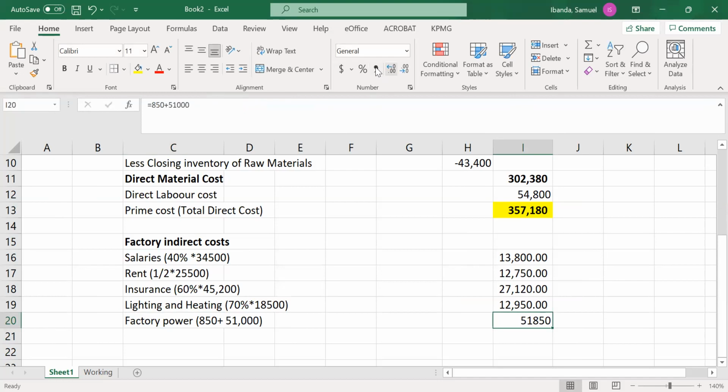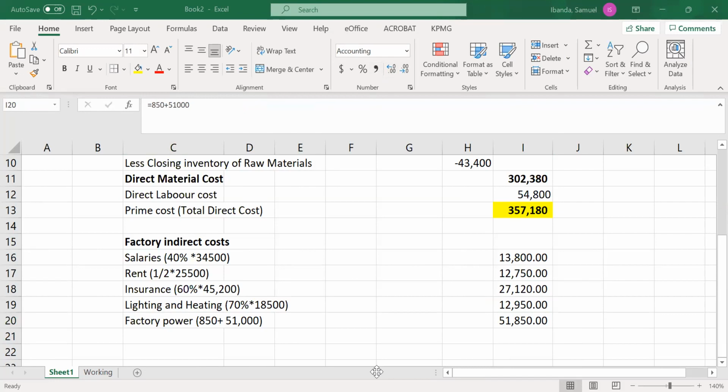So it gives me 51,850. 51,850 as for factory power. Okay, that is what we basically have.